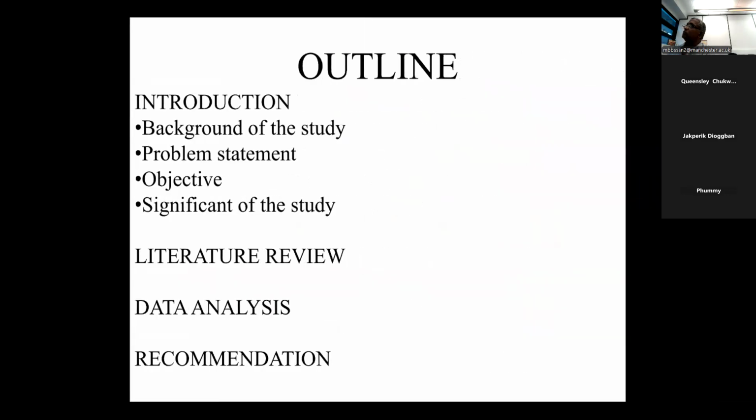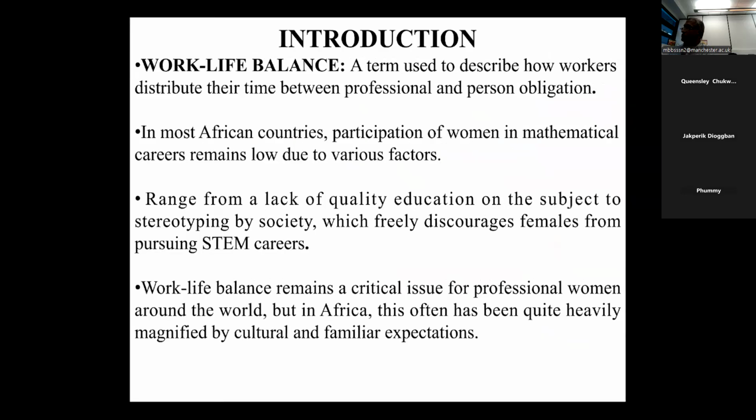The outline: I will take you through the introduction, literature review, data analysis, and the recommendation. Introduction. What do we understand by work-life balance? It's a term used to describe how workers distribute their time between professional and personal obligations.